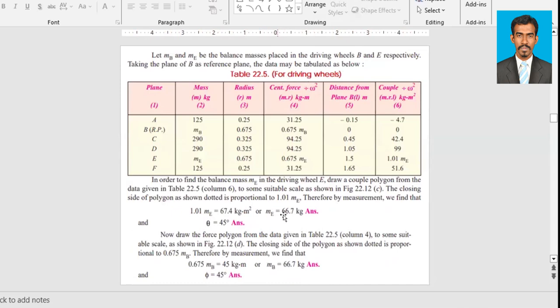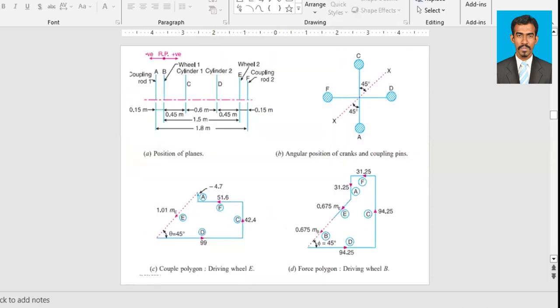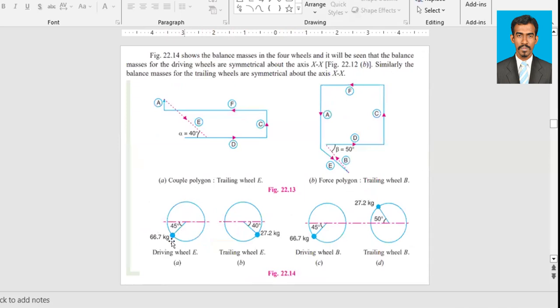For driving wheels, the masses of 66.7 kilogram are placed at theta is equal to 45 degree and phi is equal to 45 degree, right? So we can place them, right? So for driving wheels, 66.7 kilogram is placed at theta is equal to 45 degree. So this is the condition for driving wheels B and E.